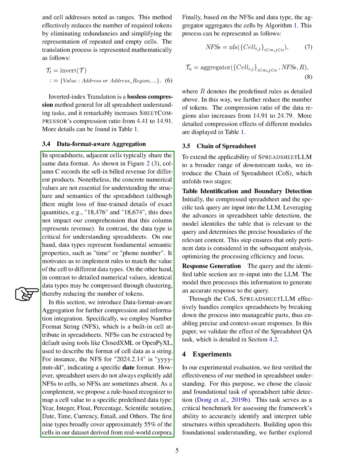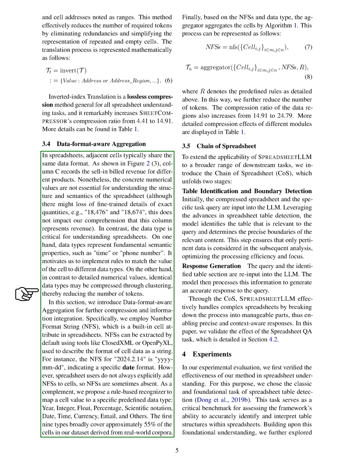Moving on to data format-aware aggregation, we observed that adjacent cells in spreadsheets often share the same data format. By focusing on the data type rather than the exact numerical values, we can compress identical data types through clustering, reducing the number of tokens needed. We introduced the use of number format strings, NFS, to describe the format of cell data.